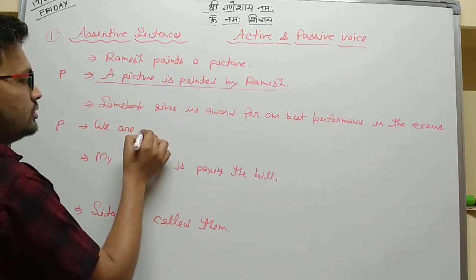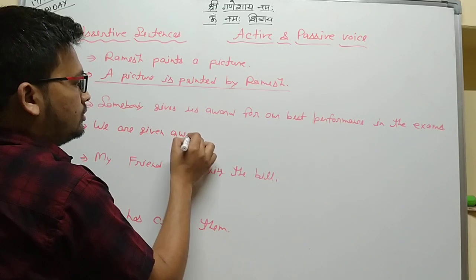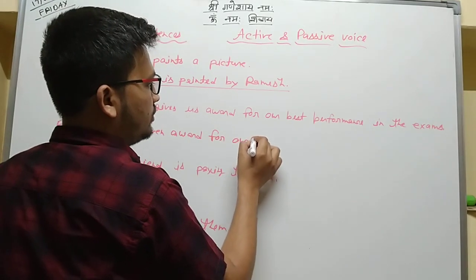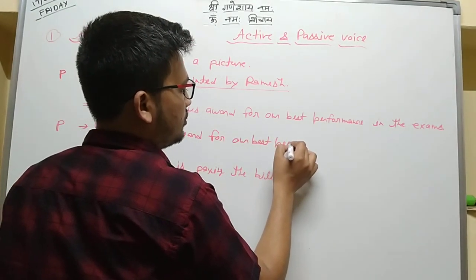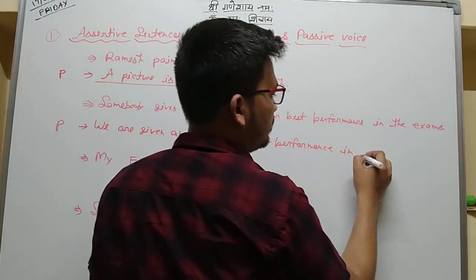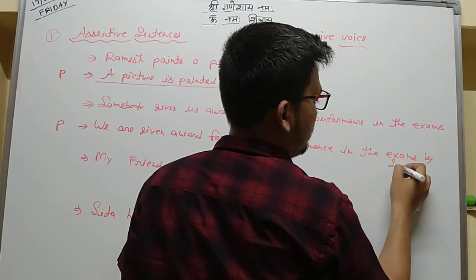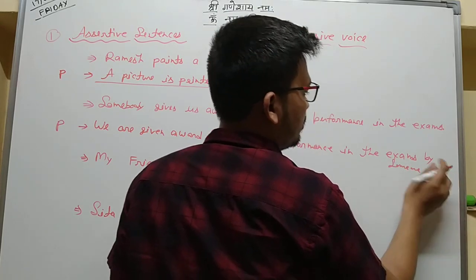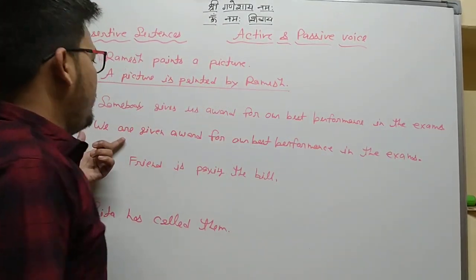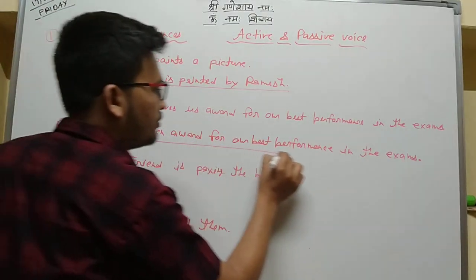We are given an award for our best performance in the exams by someone, or we can remove that. We are given an award for our best performance in the exams. This is the passive of this sentence.